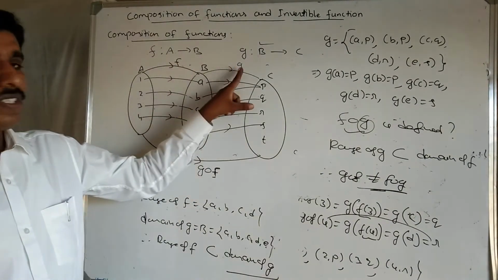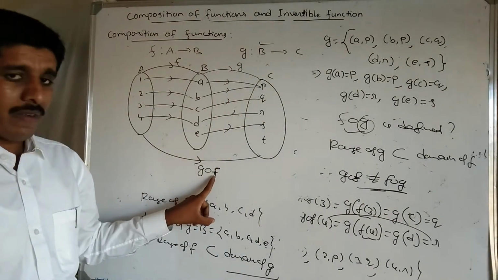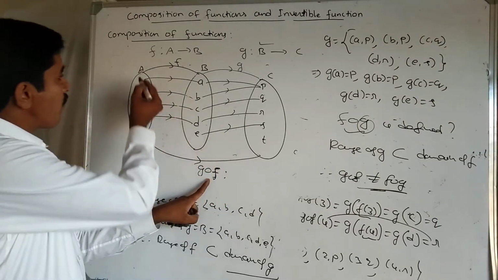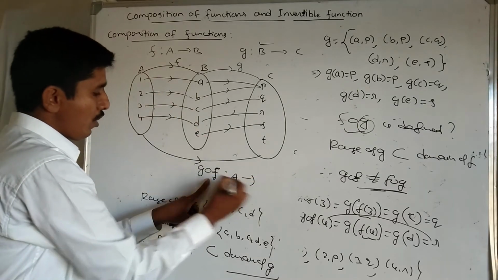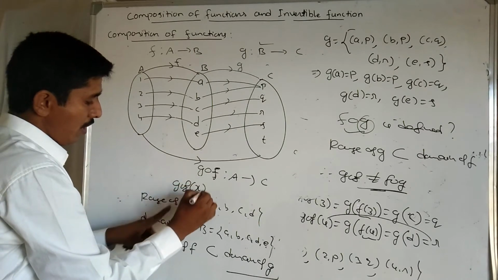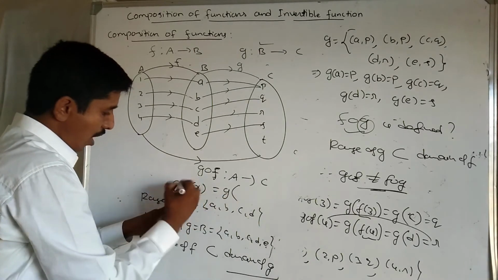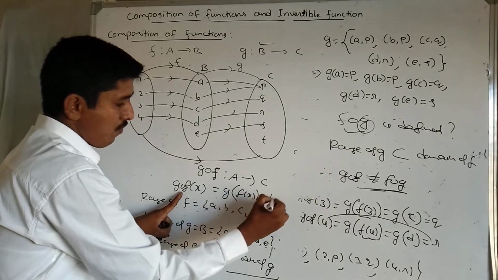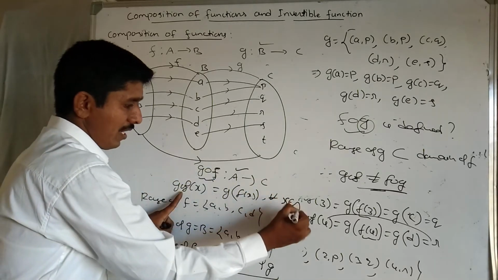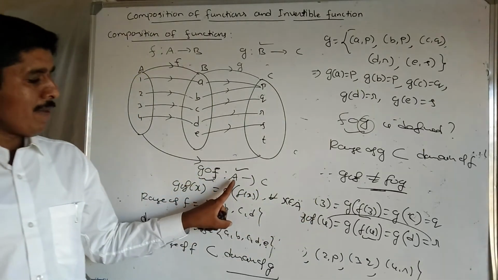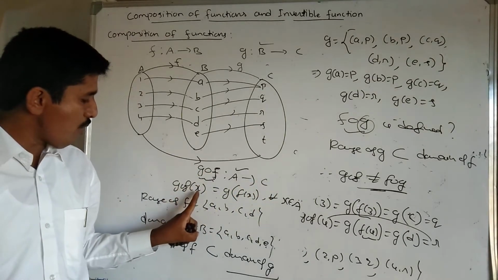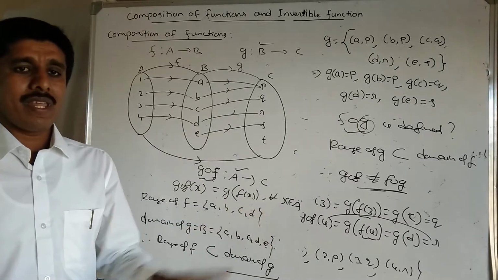The composition of F and G is denoted by GoF. GoF is defined from the domain of F, set A, to the codomain of G, set C, and it is defined by GoF of x equal to G of F of x for all x belonging to the domain of GoF. It is also a function.